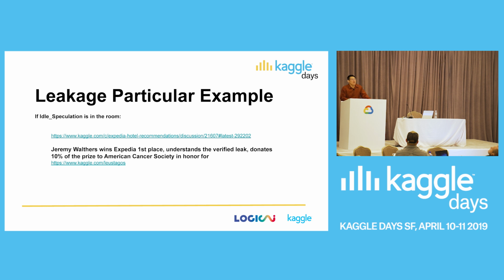Okay, so correct me if I'm wrong, Jeremy, but the Expedia competition had distances between cities or hotels, right? Hotels. And this was a leak that was confirmed by the organizers.